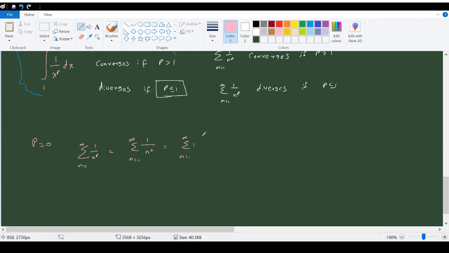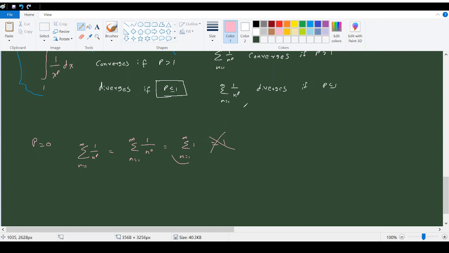Now this is also another important thing where a considerable number of students make mistakes, right? Normally you tend to write the answer for this series as 1, which is not correct.